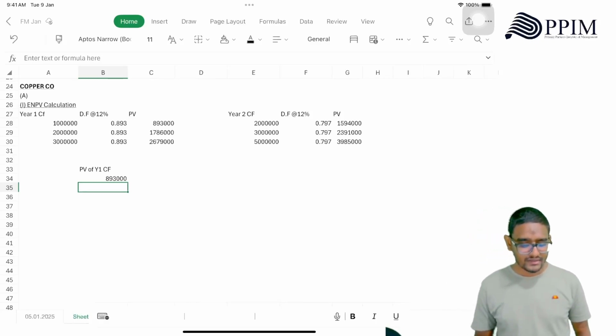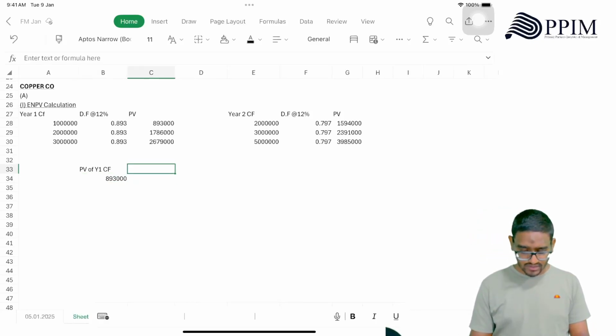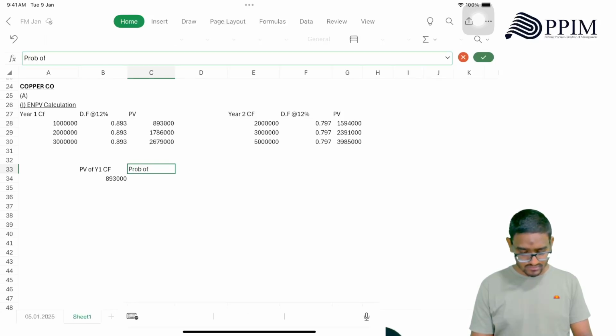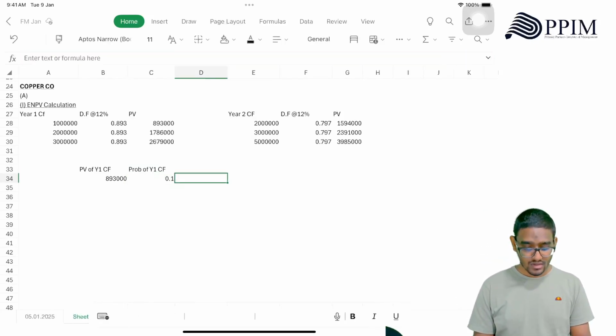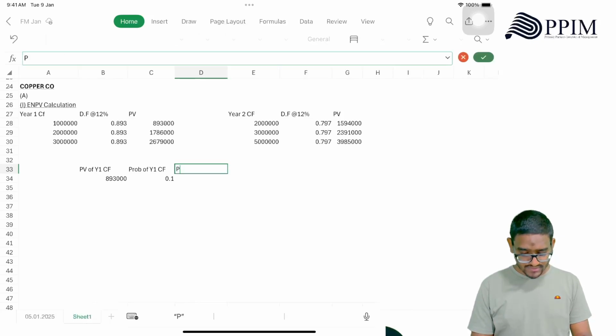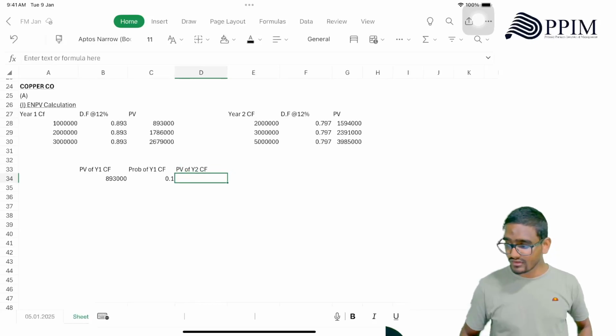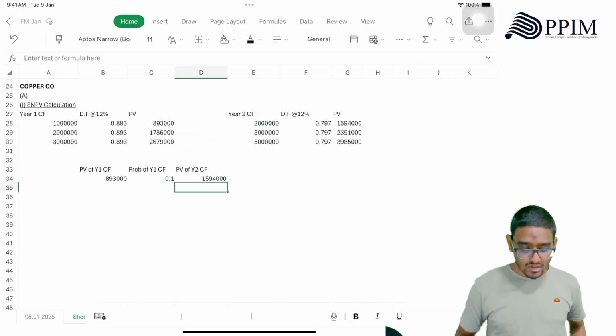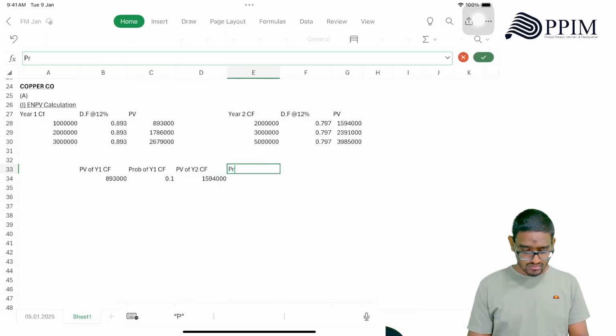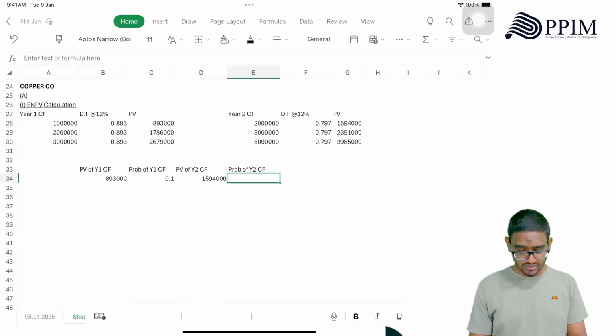So when you have 893,000 here, what is the probability of this 893,000 happening? Probability is 10%, so you can say 0.1. Then you have the present value of year two cash flows. The first option is 1,594, and the probability of this is 30%.